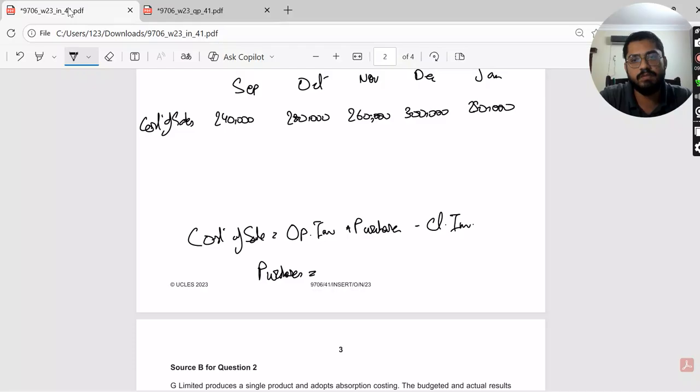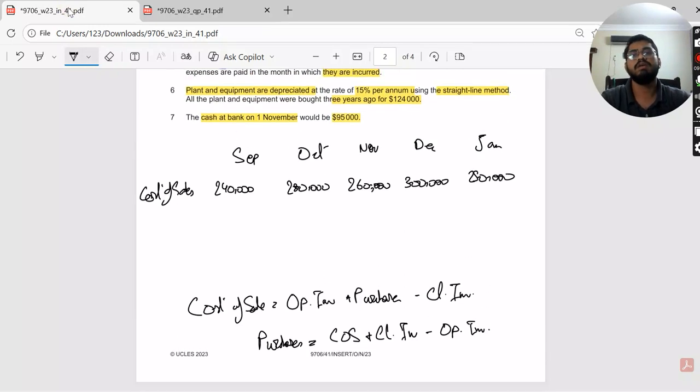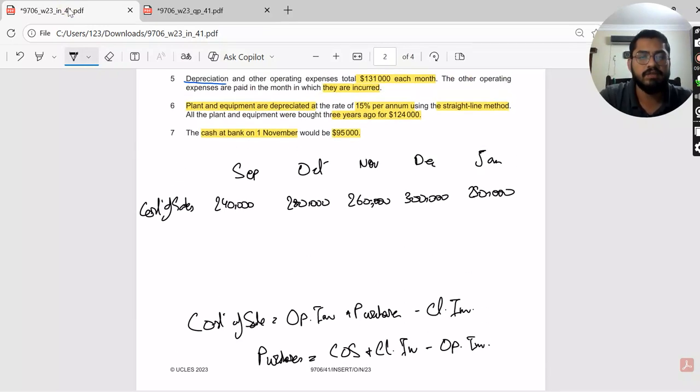So purchases would be equal to the cost of sales plus the closing inventory, deducting the opening inventory from this balance. So let's see if we can find out the closing and opening inventories as well.